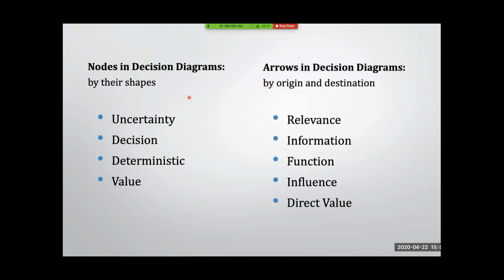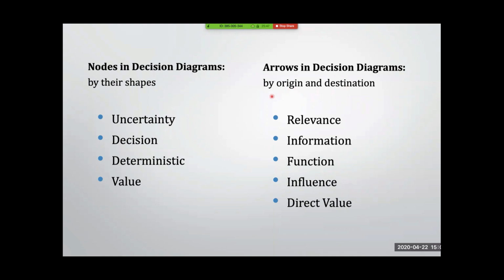And then the next step to define or to draw a decision diagram is to make sure you know what the arrows mean in the decision diagram. The meaning of an arrow is determined by the origin and destination of it. In order to make sense of what each arrow means, you need to look at both where it comes out of and also where it goes into.